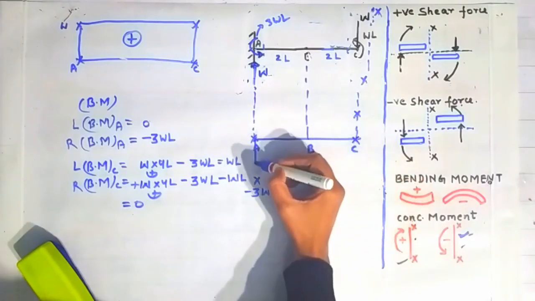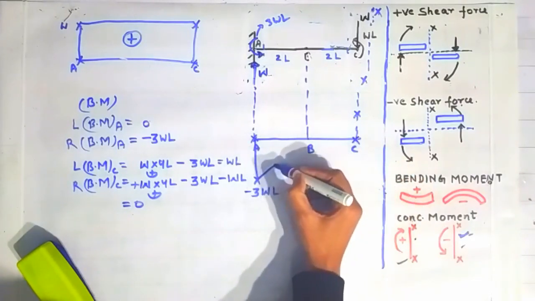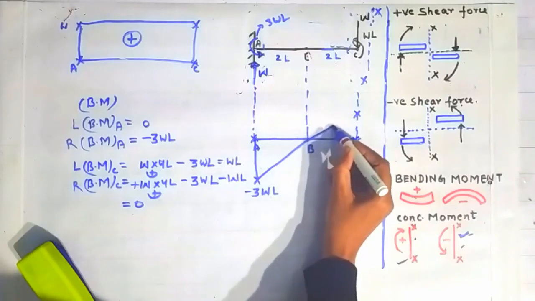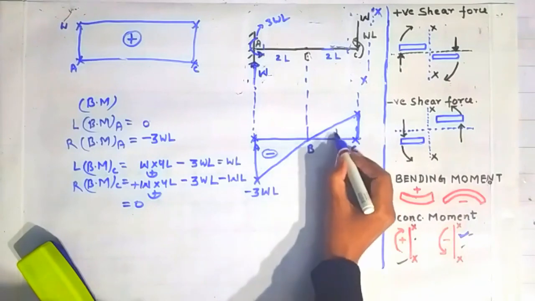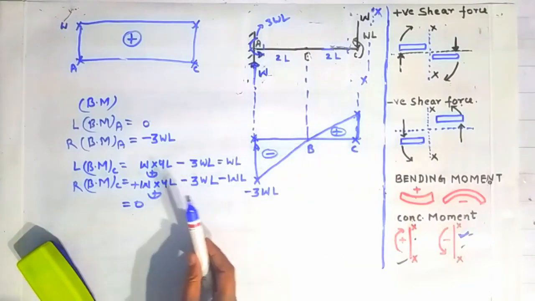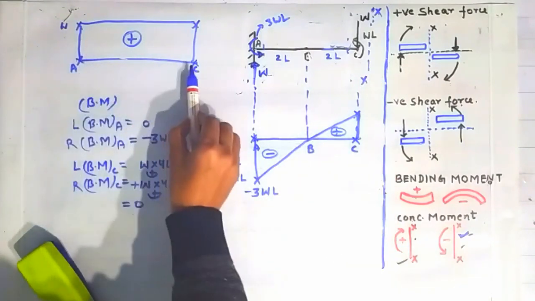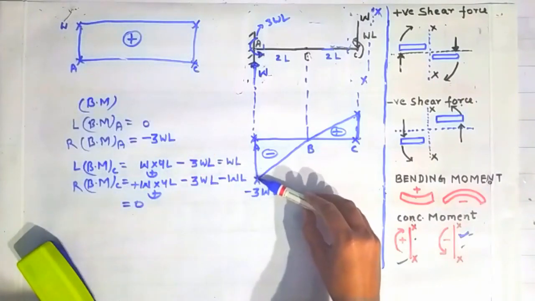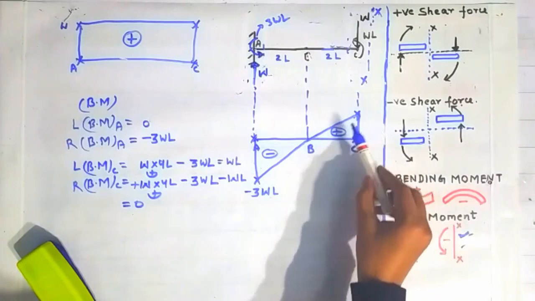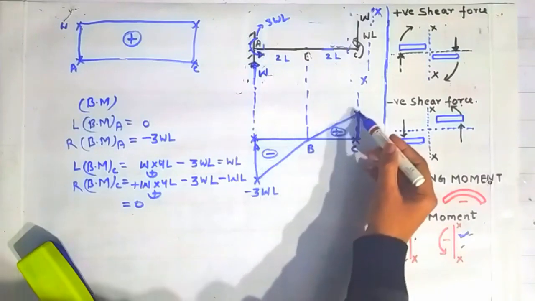Joining the first point with the second, the second with the third, and the third with the fourth, we will get our bending moment diagram. Also friends, the shape of the shear force diagram between points A and C is a straight line. That's why the shape of the bending moment diagram between A and C is an inclined line.